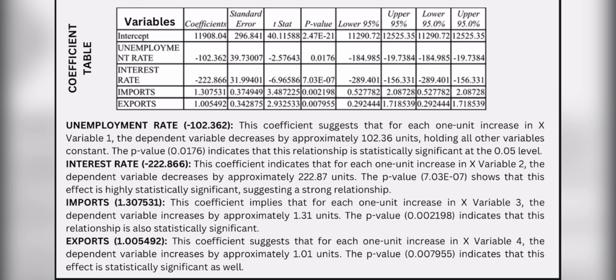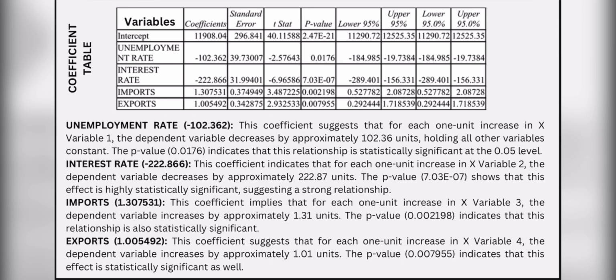And when it comes to exports, its coefficient comes as 1.005492, which suggests that for each 1 unit increase in exports, the dependent variable increases by approximately 1.01 units.